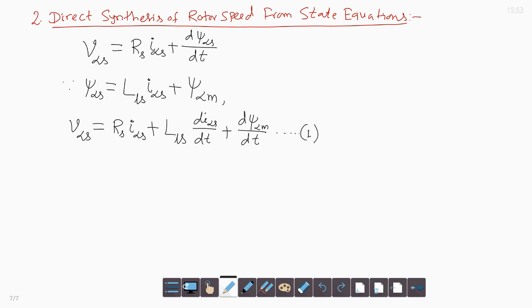And further, the mutual flux psi alpha m is the mutual inductance Lm into stator current I alpha s plus rotor current I alpha r.